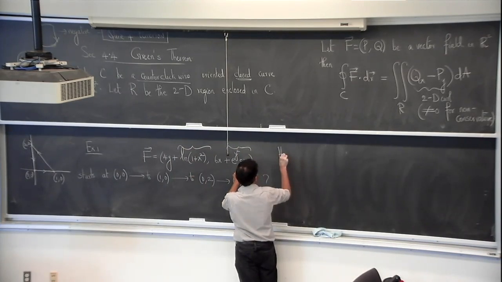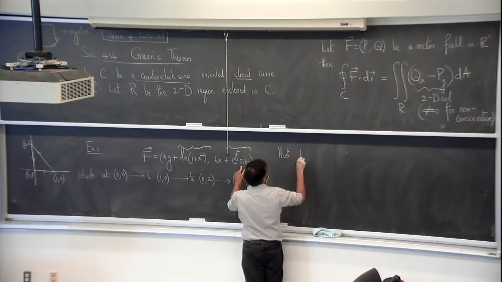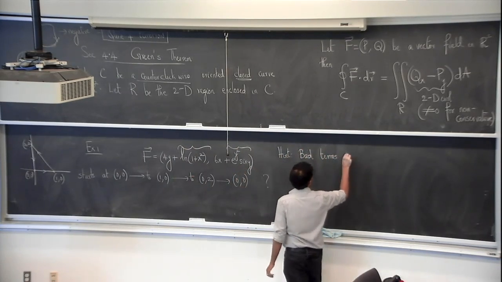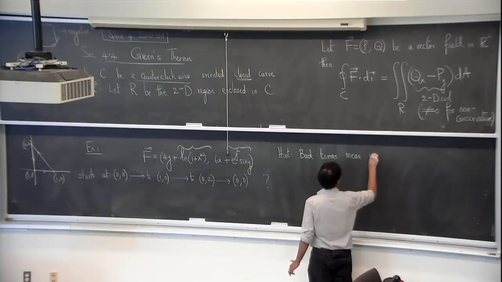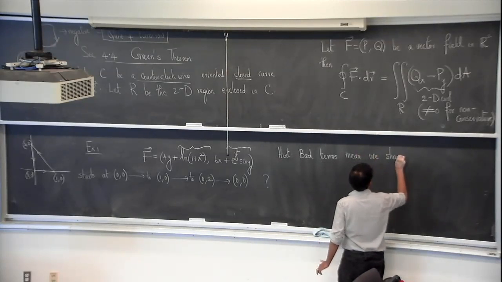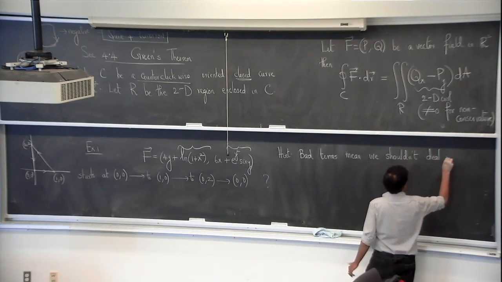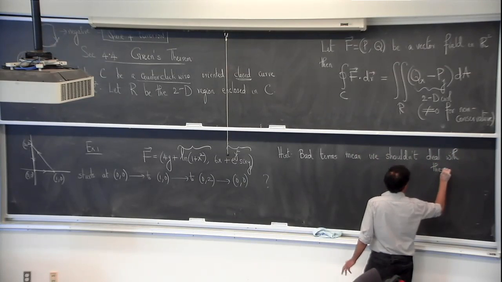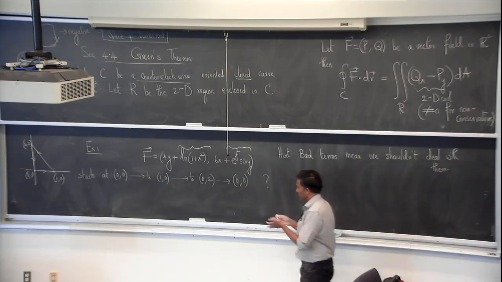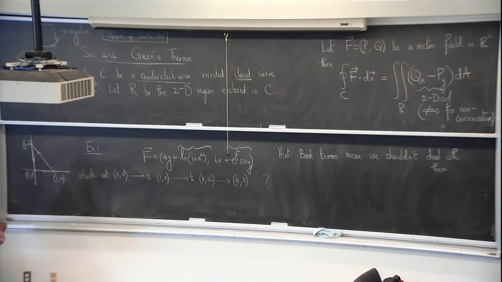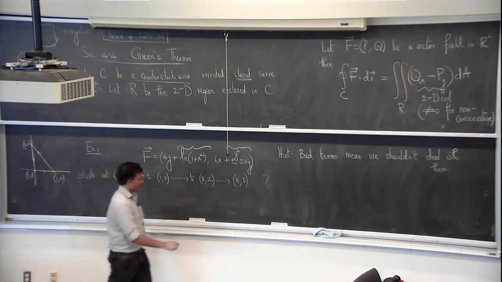So the bad terms mean that we shouldn't be dealing with them. If you were in an adventurous mode, you could parameterize each of the straight lines and integrate this, but you're going to get into all kinds of situations which you don't want. So use Green's theorem because it's closed.